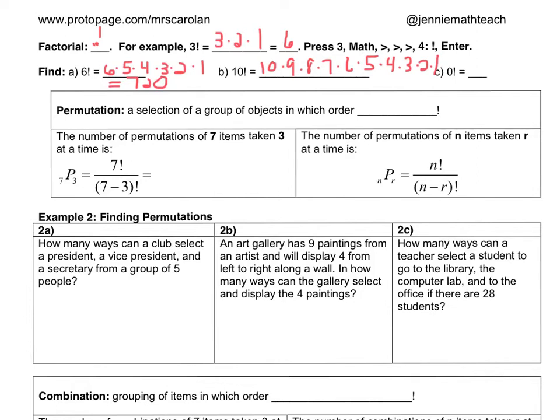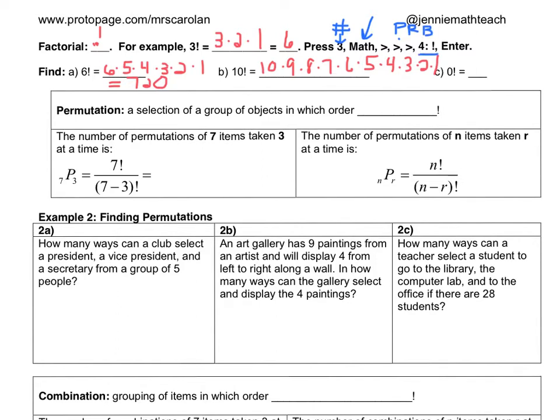What you do is, if we were finding 3 factorial, you type the 3 in first, so you type in whatever your number is. You press the math button on your calculator. It's right below the green alpha button. You press over to the right 3 times. That'll take you to a tab that says PRB. That stands for probability.